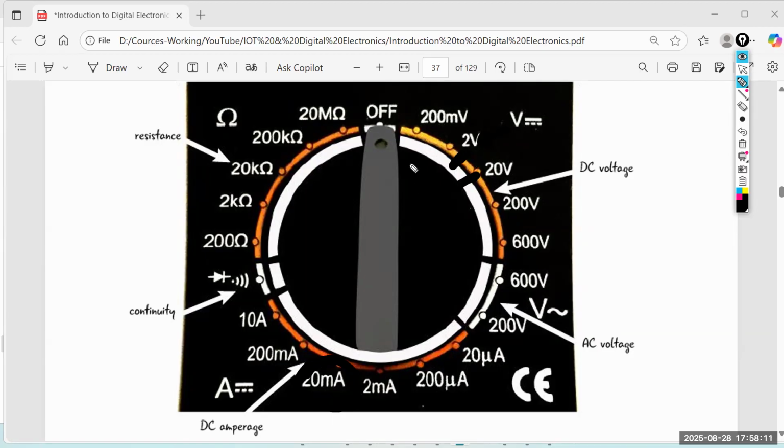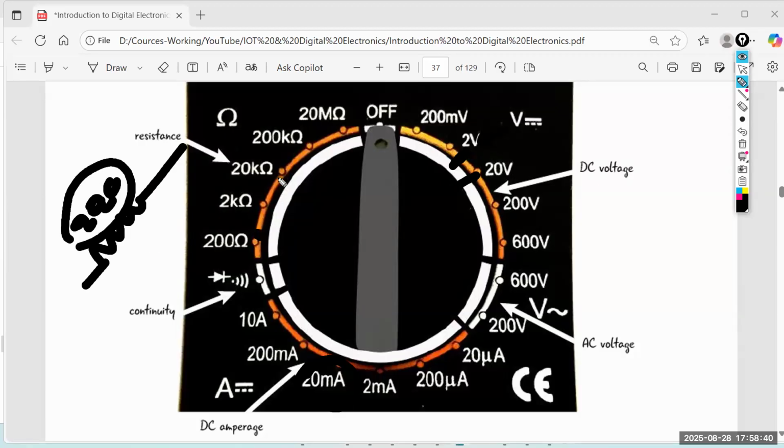But if you set it somewhere around 5 volts, because you have an idea of maybe 5 volts or 8 volts or 10 volts or 4 volts, then you are going to get a much more accurate value. Same applies if you want to check resistance. Now you know that that resistor is already 220 ohm. So why don't you just set it to somewhere around 200, somewhere here? Then you will get the exact value. But if you set it somewhere here, actually it is 220, but your multimeter might say it is 250.